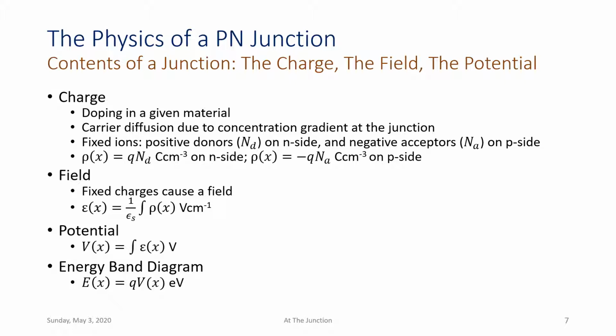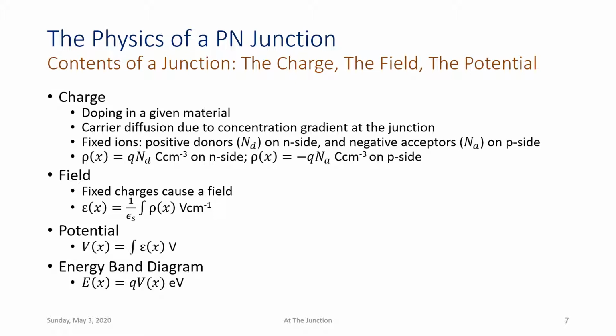At the point where they meet, they cross over and recombine. Once that happens, the region where the recombination occurs is left with fixed ions. These are positive donor ions, N sub D, on the N side, and negative acceptor ions, N sub A, on the P side.